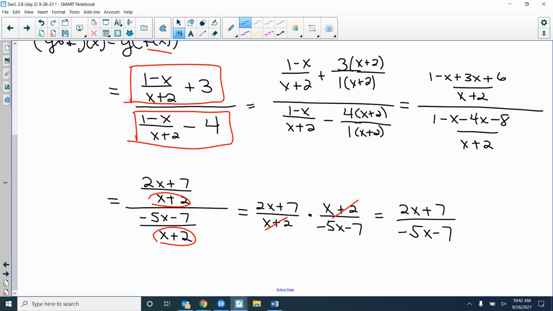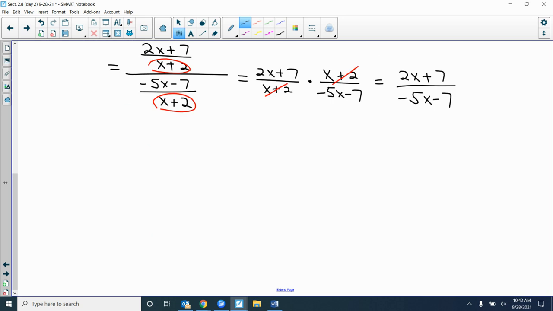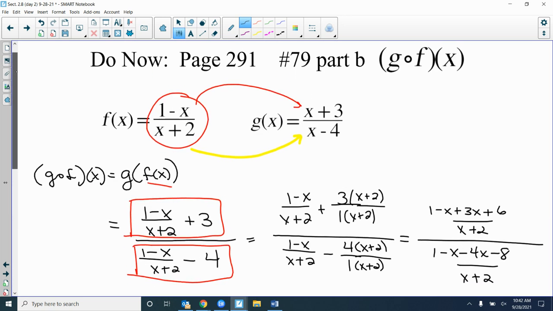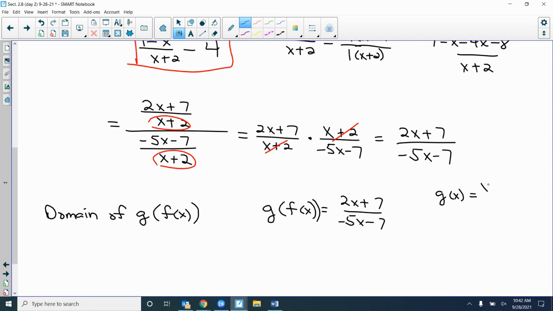I'm going to ask you the domain. Domain of g of f of x. Okay, we know g of f of x equals 2x plus 7 over negative 5x minus 7. We know that g of x, well, I don't remember what it is, x plus 3 over x minus 4.